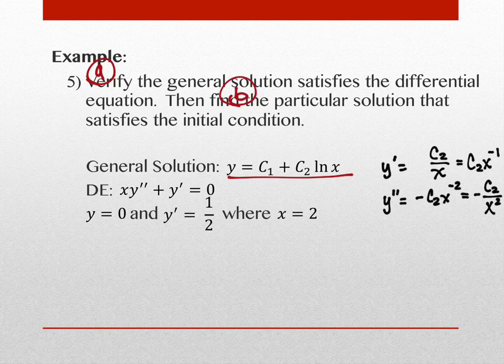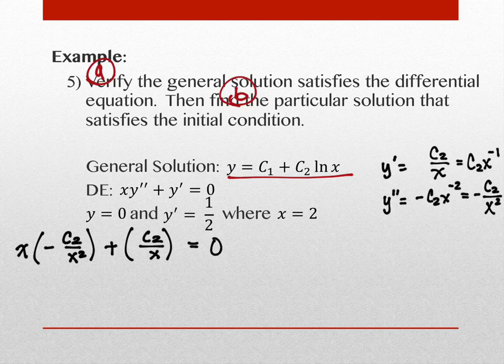Okay, so we're going to verify that it actually works for our differential equation. Our differential equation says to take x times y double prime. Well, that's the negative C2 over x squared. And we're supposed to add that to y prime. So y prime was C2 over x. Was it negative as well? Nope, it's positive. And we want to verify that this is equal to 0.